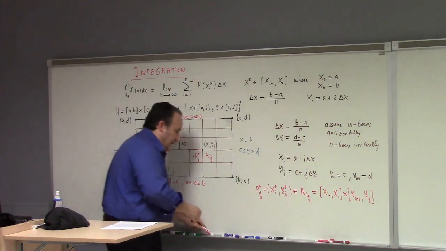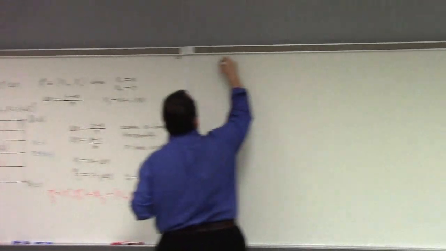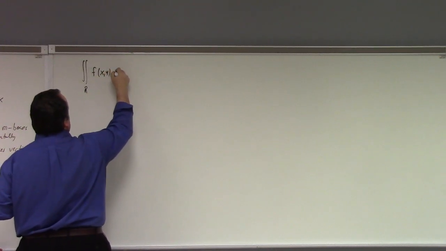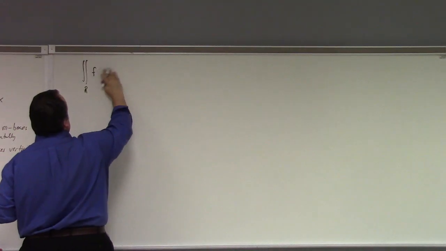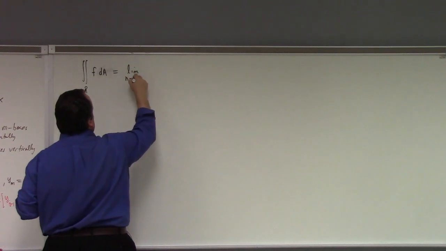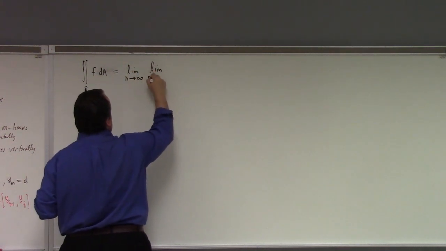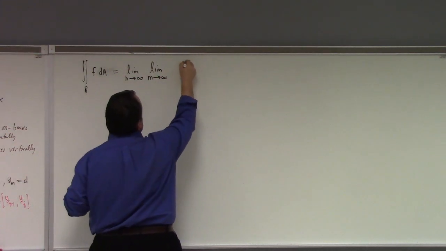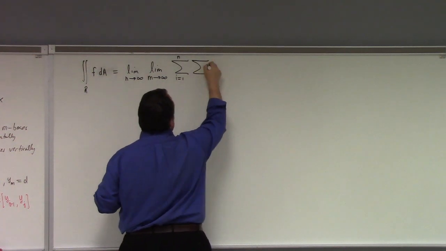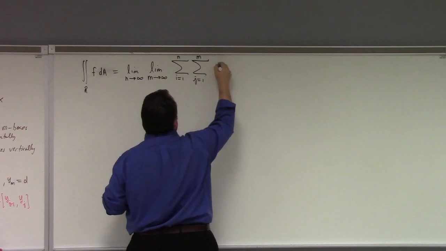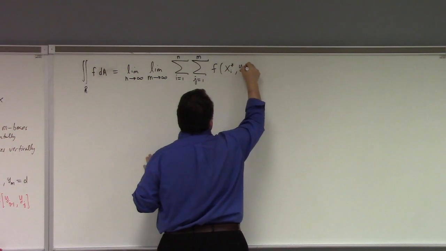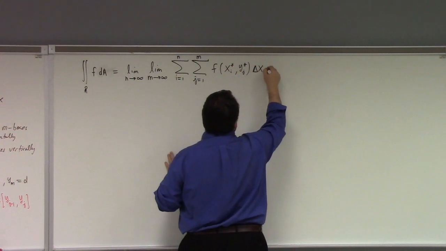And here it is: the integral over R of f dA is equal to the limit as n goes to infinity of the limit as m goes to infinity of the sum i equals 1 to n, the sum j equals 1 to m of f of x sub i star, y sub j star, delta x, delta y.